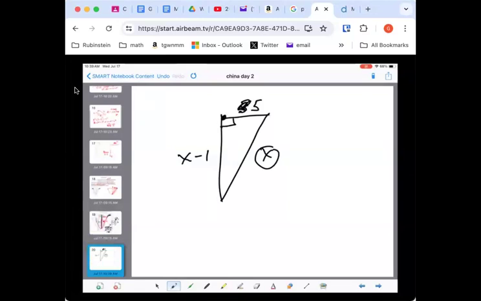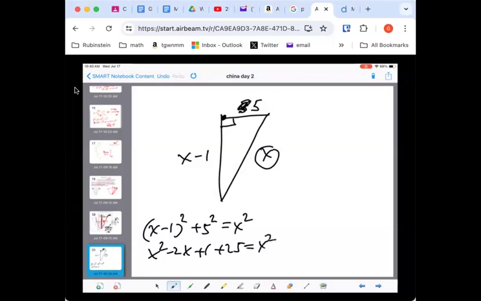Now we say (X minus 1) squared plus 5 squared equals X squared. This becomes X squared minus 2X plus 1 plus 25 equals X squared. X squareds cancel out. 2X equals 26 and X is equal to 13, which is the answer to that question.